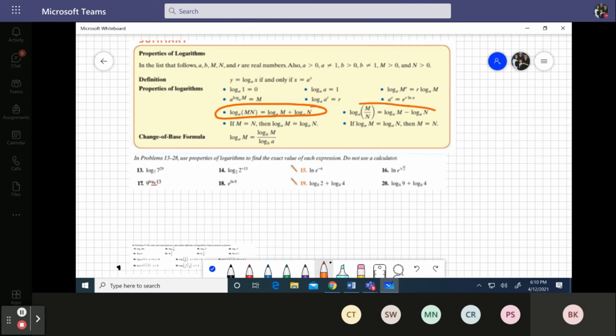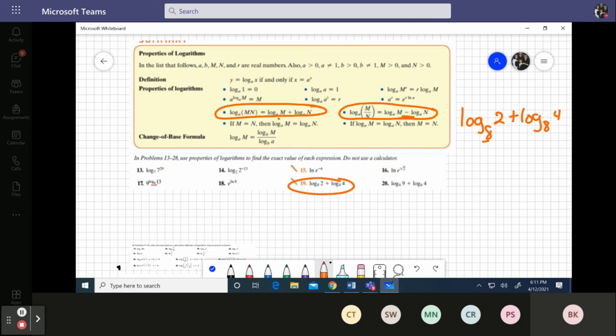I have the quotient property right here. I can have division and break it down into two subtractions, or I can have a subtraction and simplify it down into one division. So when I have problems like 19, I have log base 8 of 2 plus log base 8 of 4.